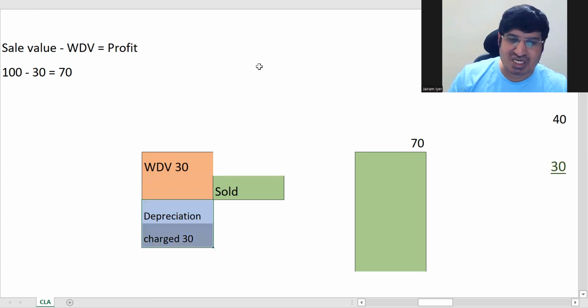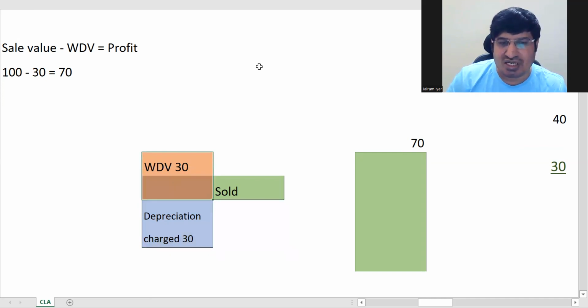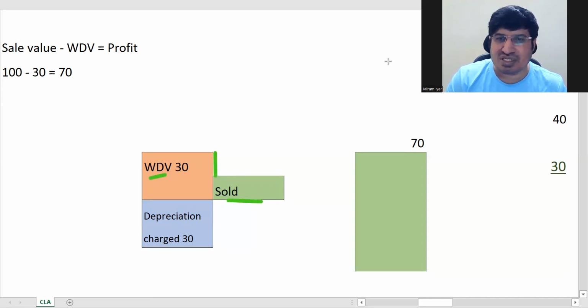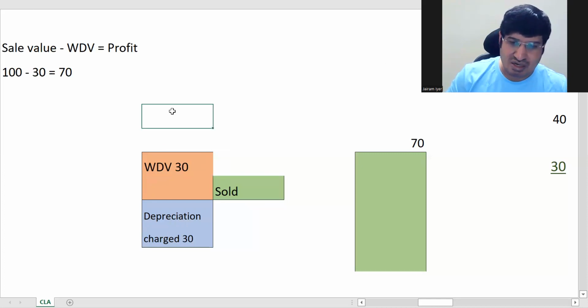He has already depreciated, it is gone. So this much was the value left and he has sold only for this much. So basically from year to year, this much is his loss. How did I get this loss? WDV minus sales value. WDV minus sales value is this loss. This is called terminal depreciation.